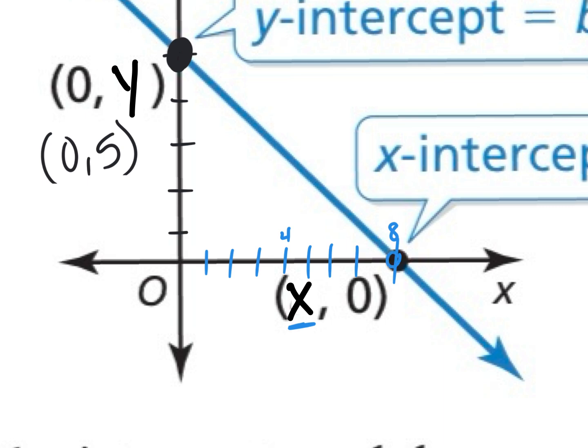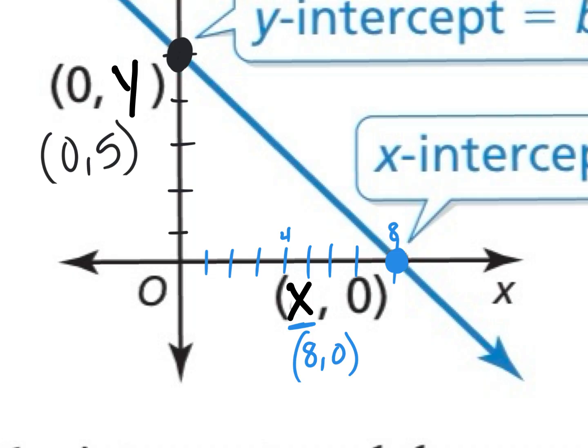If you look at this x-intercept, it's crossing the x-axis where? At 8, right? Which the ordered pair would be 8, 0. Do you agree with that? Because the x comes first and then the y.